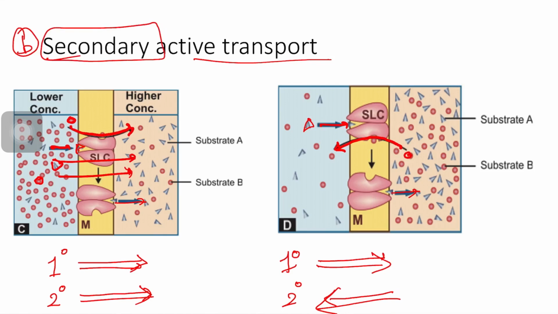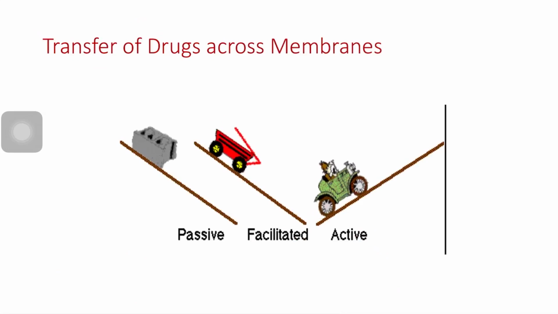Here energy is generated through the movement of the secondary molecule. No ATP is needed, and that is why it is called secondary active transport. Movement in the same direction is called symport, and movement in opposite directions is called antiport.